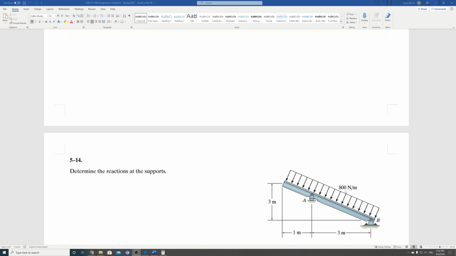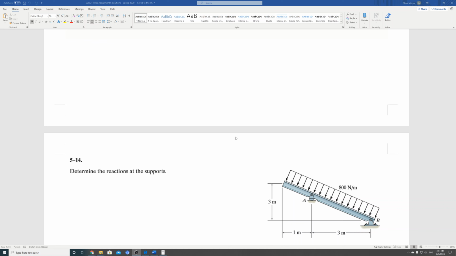Our expectation is that we take this distributed force in newtons per meter times the distance from here to here, multiply that, and we come up with the total force. Then we recognize it acts halfway between here and here.